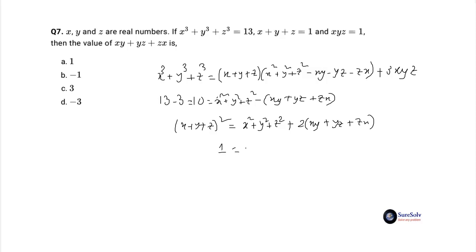Or 1 equal to x square plus y square plus z square plus 2 times xy plus yz plus zx. Subtract the first result to eliminate x square plus y square plus z square. The result is minus 9 equal to 3 times xy plus yz plus zx.